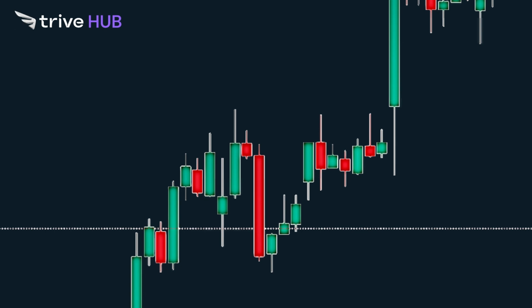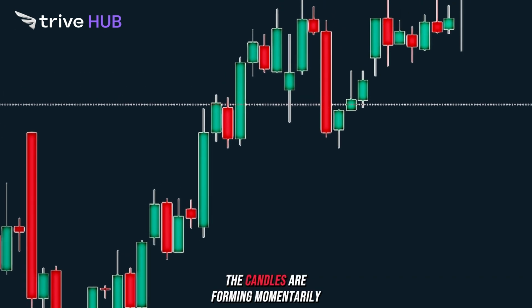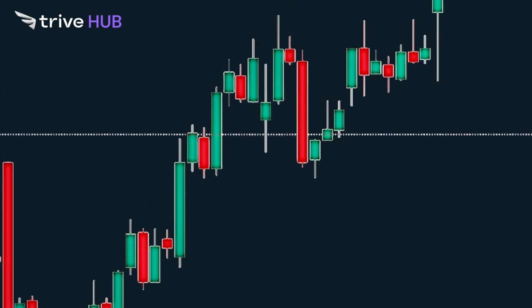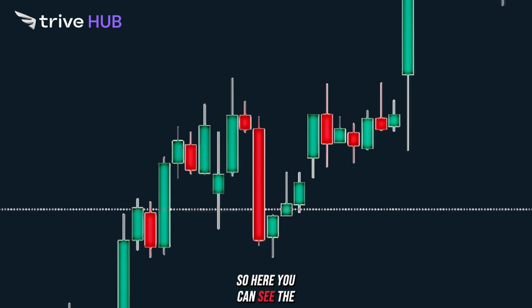But when the trend got started, the candles were forming with momentum and their body sizes were around 80% to 90% of the total candle size. So here you can see the average body size has declined and the market went into a small pullback, or you can say a short-term pause.